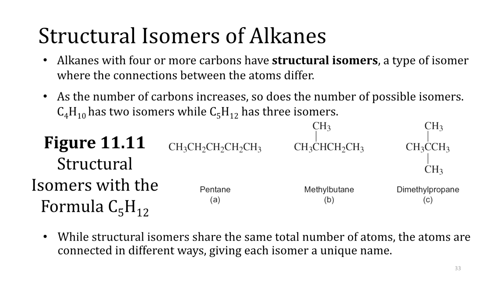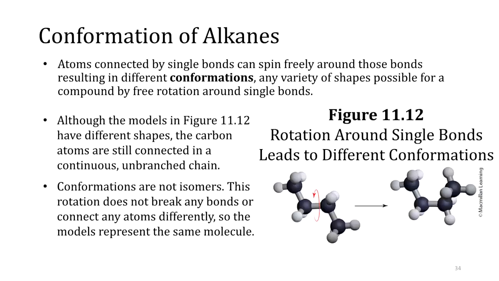So here are 3 compounds all having the exact same molecular formula, C5H12, but they're different compounds with different reactivities and different physical properties: pentane, methylbutane, and dimethylpropane. These are all examples of structural isomers. While they have the same number of atoms, they have a different name and different behaviors.